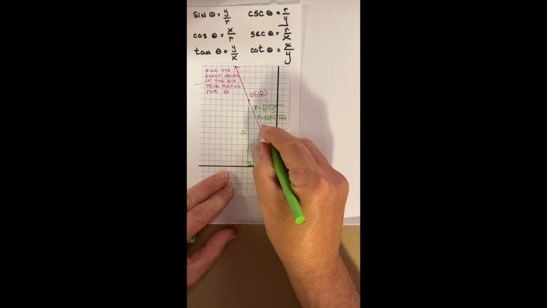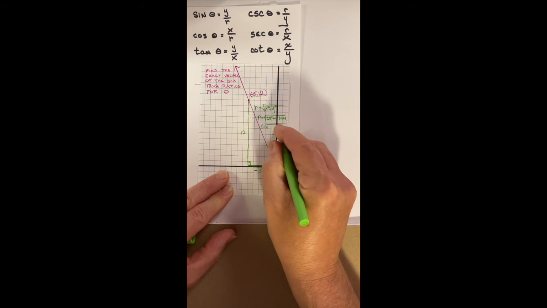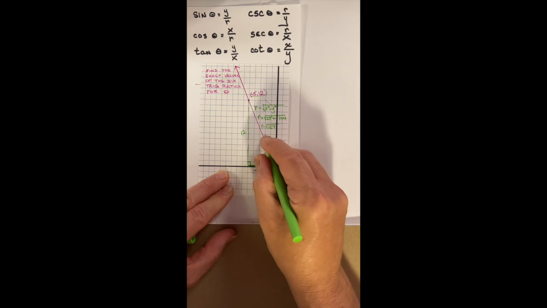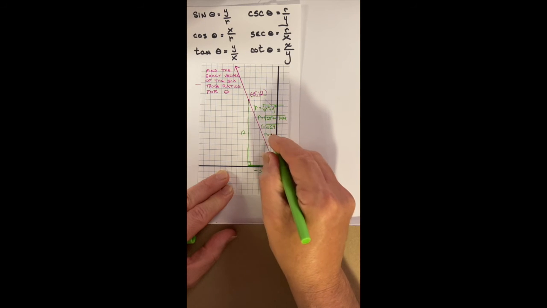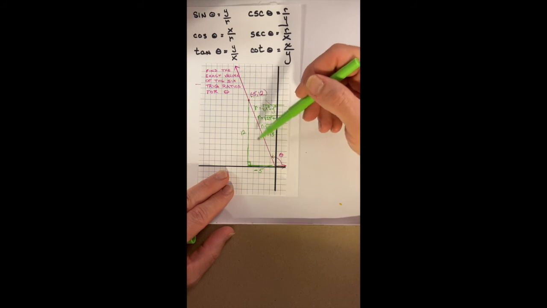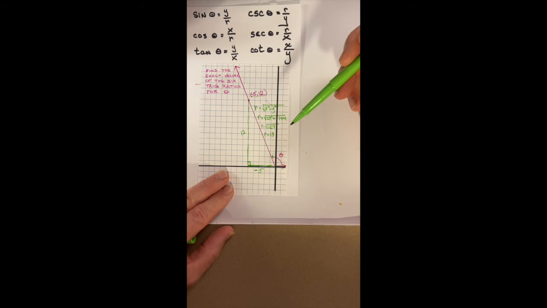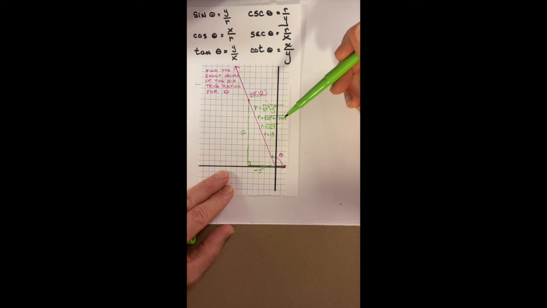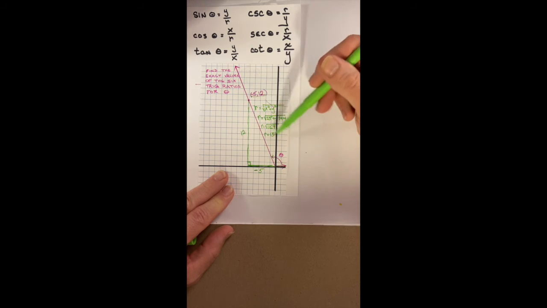So that means r is going to be equal to the square root of 169, and that means that r is going to be 13. If you recognized this as a Pythagorean triple, 5, 12, and 13, then you probably didn't have to do this arithmetic. But it's okay if you didn't, because the arithmetic is pretty straightforward. 5 squared plus 12 squared is 169, and the square root of that is 13.